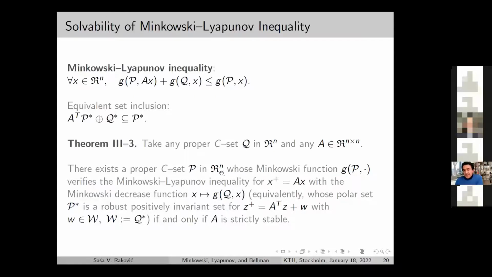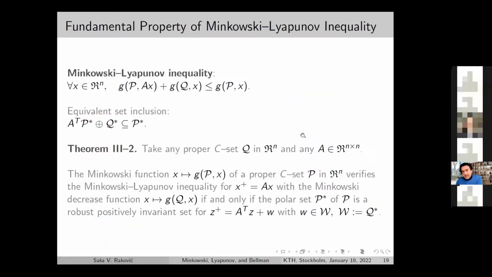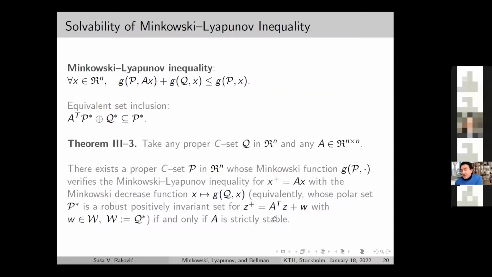There exists a proper C set P whose Minkowski function G of P verifies the Minkowski-Lyapunov inequality with a decrease QX, equivalently whose polar set is robust positively invariant for the polar dynamics, if and only if A is strictly stable. So this also tells you that considering stability questions for the linear dynamics is non-conservative over the space of Minkowski functions. You don't lose anything because if the system is strictly stable, you can find the Minkowski-Lyapunov function which is going to verify that property.